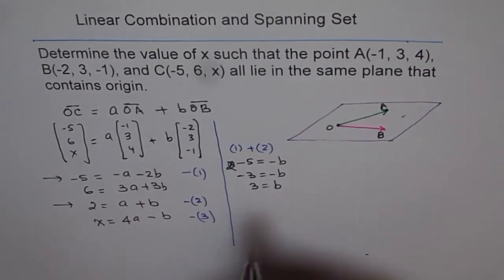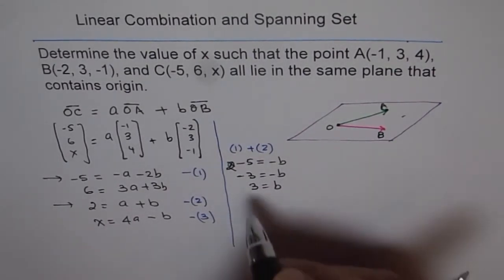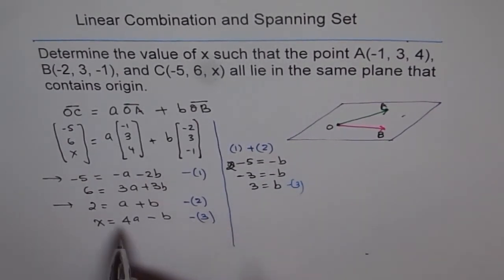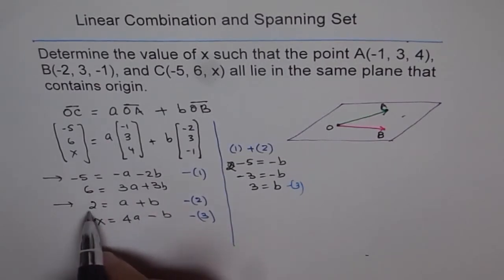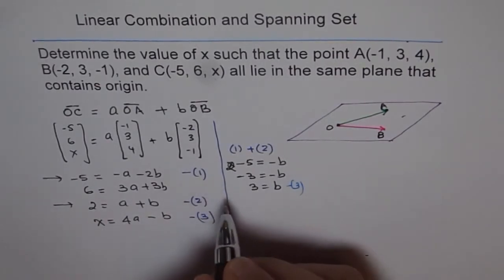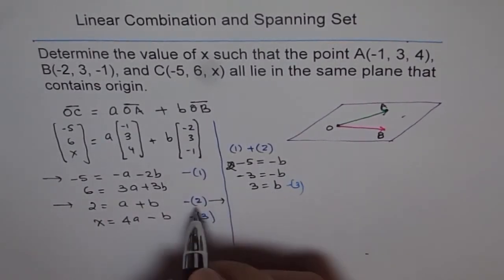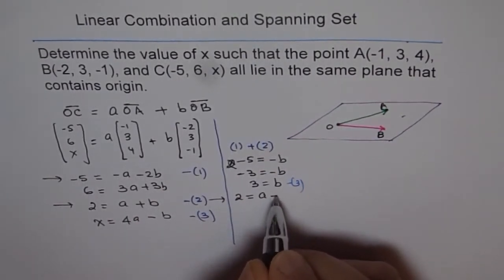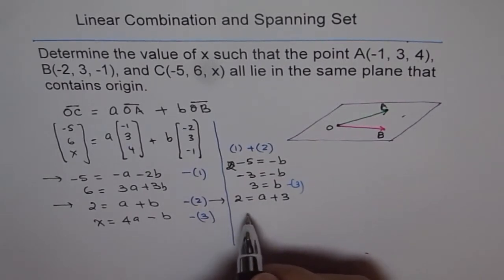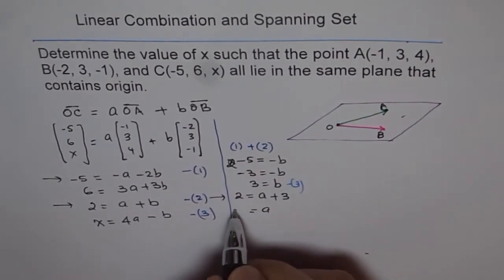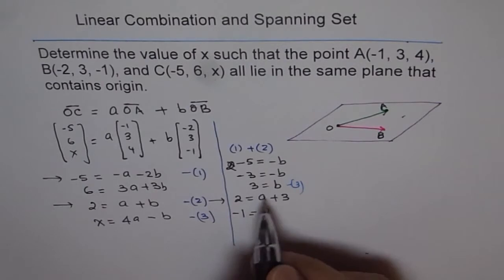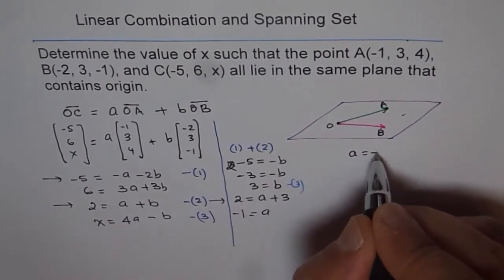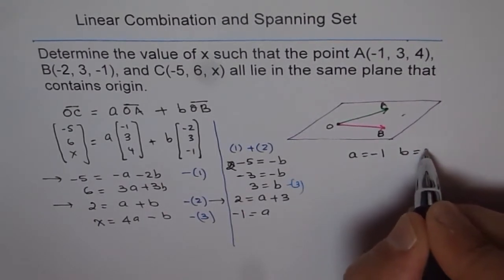Now since we know b, we can substitute b in equation 2 and find the value of a. We can write 2 equals a plus 3, and so a equals -1. So we got a equals -1 and b equals 3.